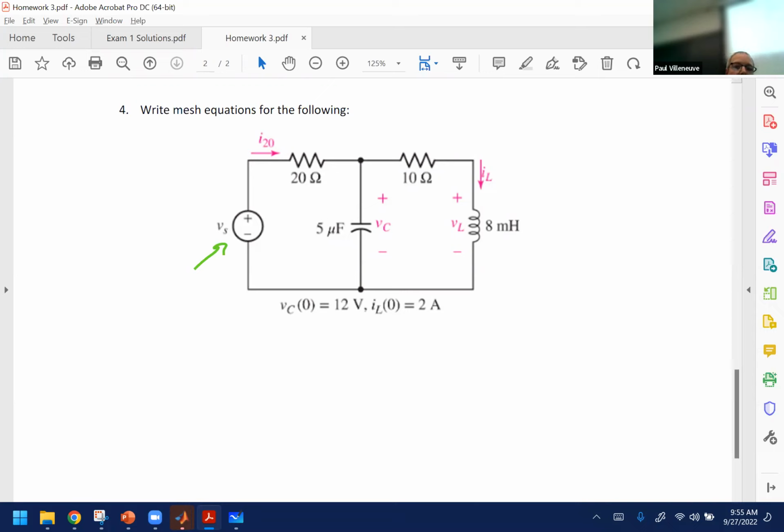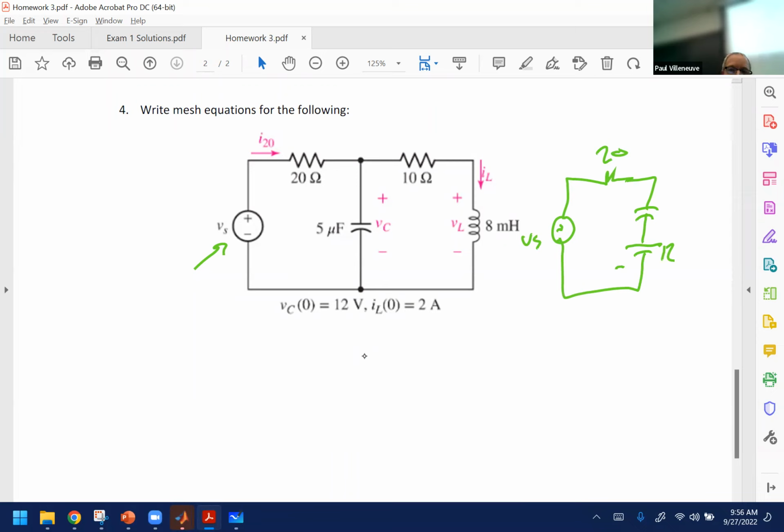So the way that I would do this one, just as a suggestion, is I would redraw my circuit as a VS, 20. I'm going to put my capacitor here, and then I'm also going to put in a voltage source that is 12 volts, because just before I walk up to the circuit and just after, this is the initial condition.